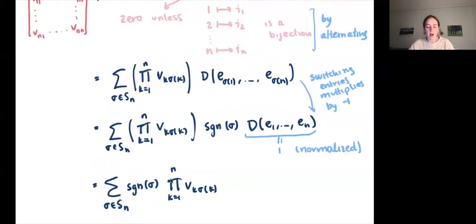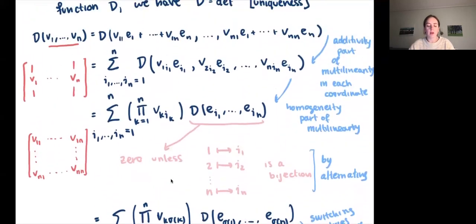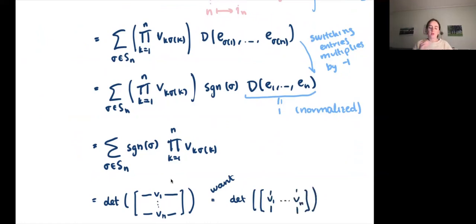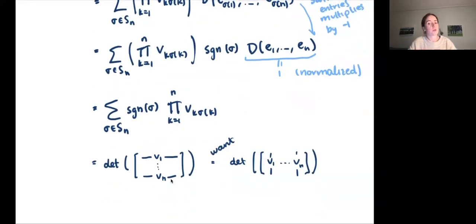But to prove uniqueness, what I want is that this is actually equal to the determinant when I have the V's as the columns. So it turns out that this is true.